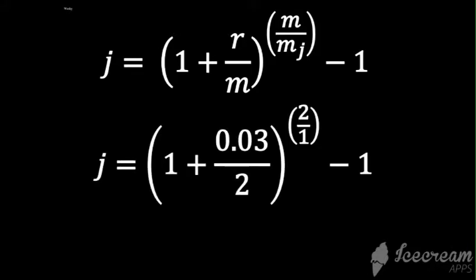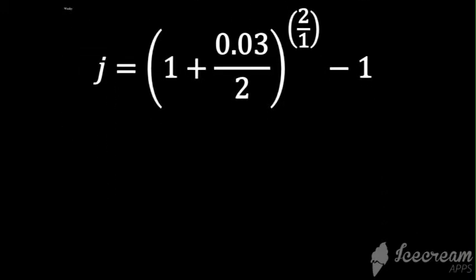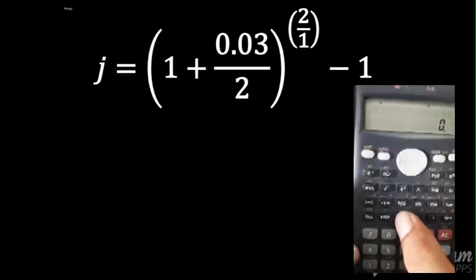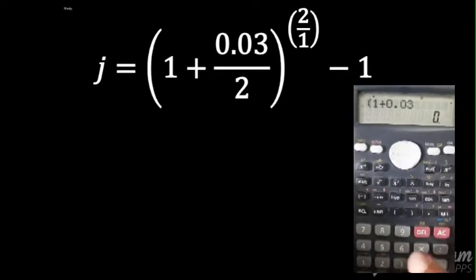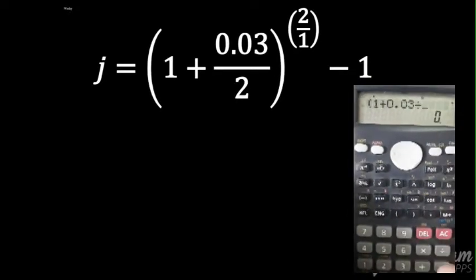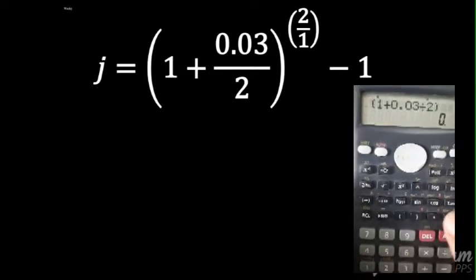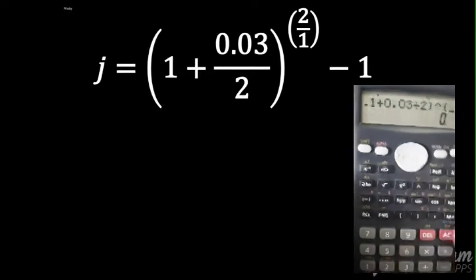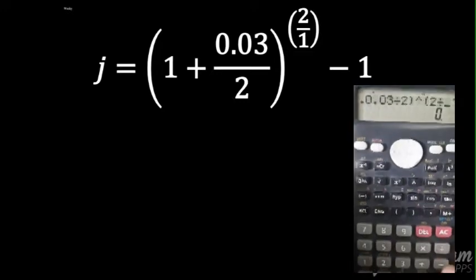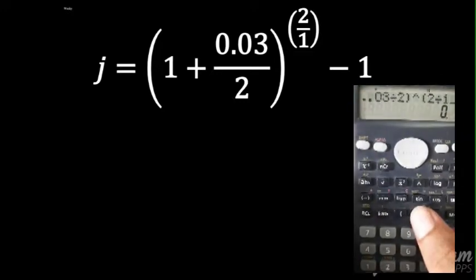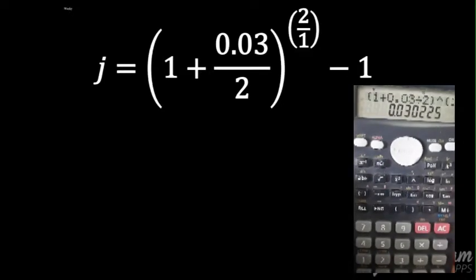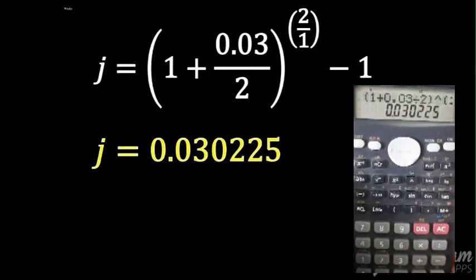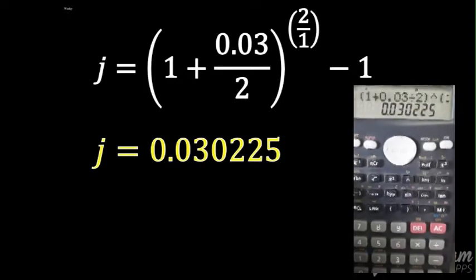Substituting the given, j is equal to 0.030225.